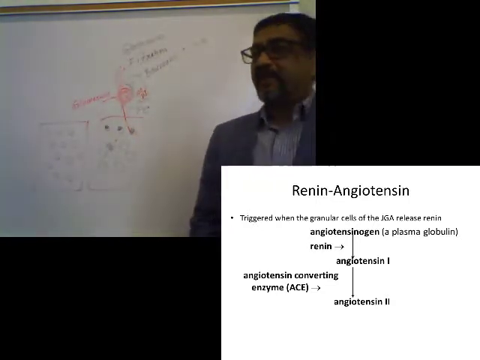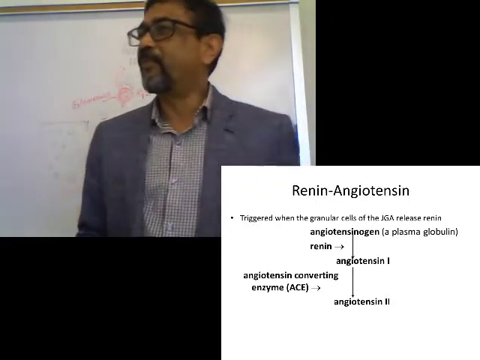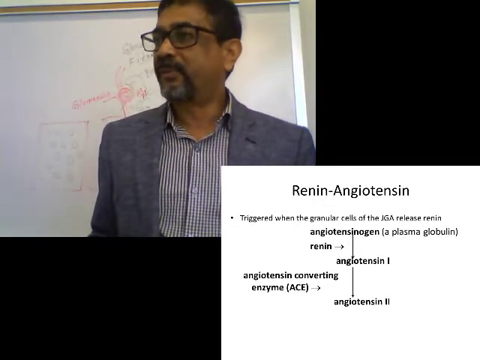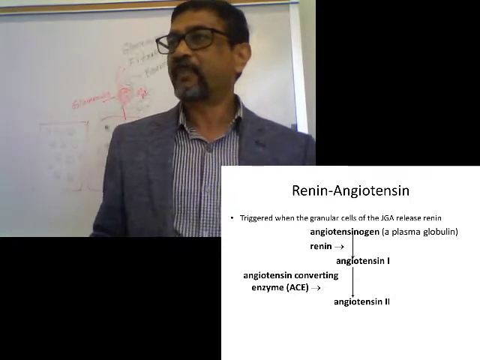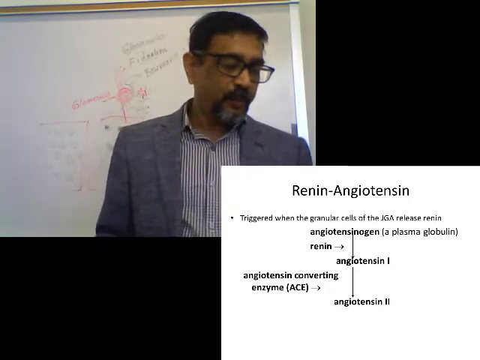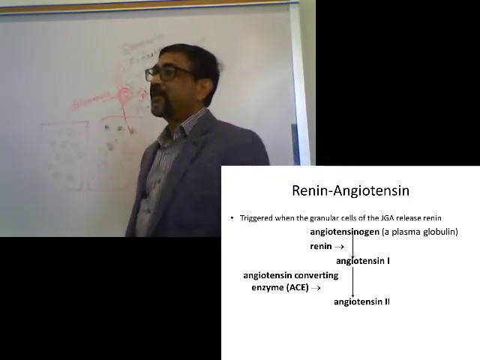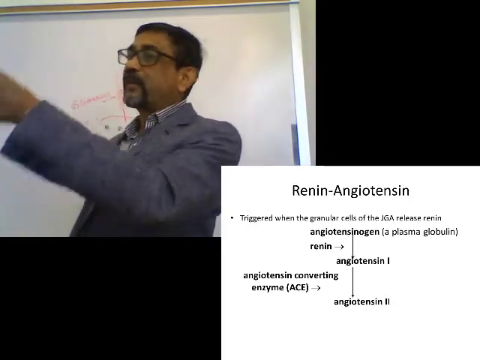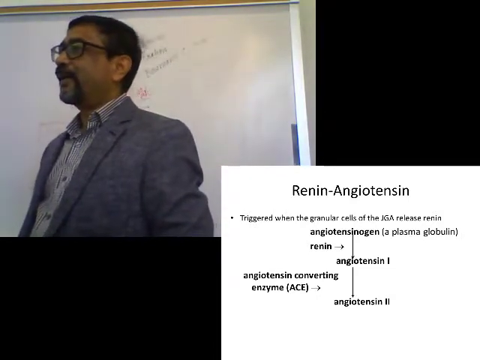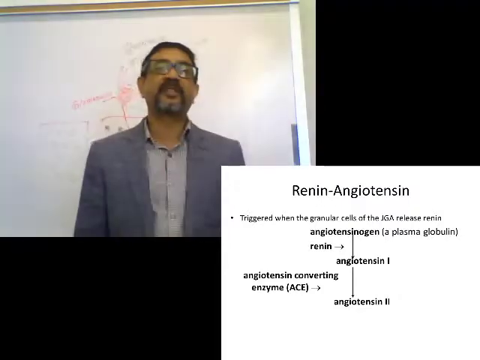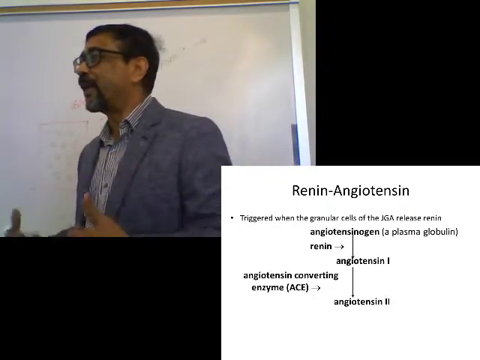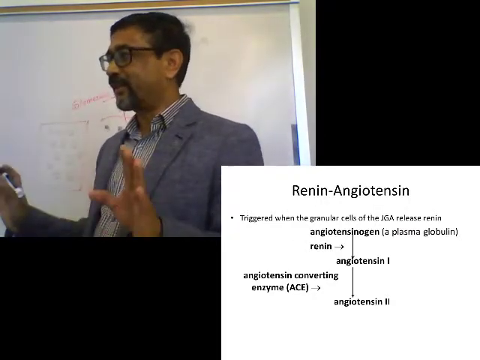Angiotensin 2 is the most active chemical or protein that works on a number of areas. The most important is angiotensin 2 works on the blood vessels of your body and causes generalized vasoconstriction. Generalized means not localized. Generalized means everywhere. Is it clear?